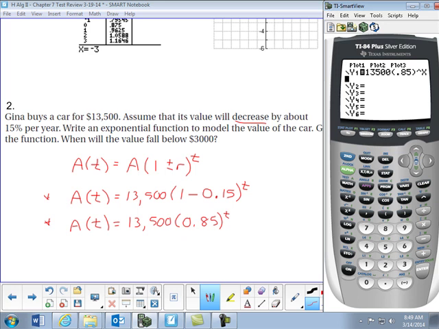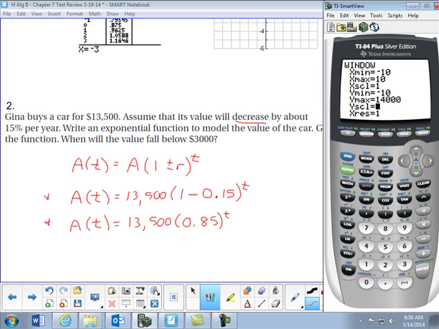Now, if I do a zoom 6, I may not see anything, because what's your y-intercept? Where is this graph starting before it decreases? Your y-intercept is at 13,500. So on our window, we need to change this to maybe 14,000. So I'm going to change my y max to 14,000.